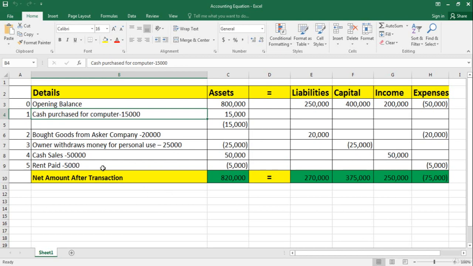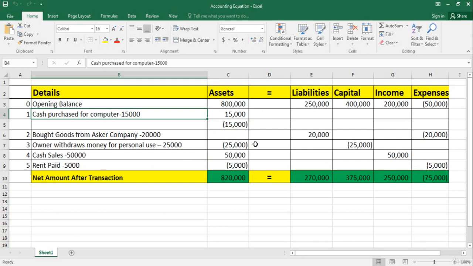Then rent paid 5,000: cash decreases 5,000 and expenses increase 5,000.